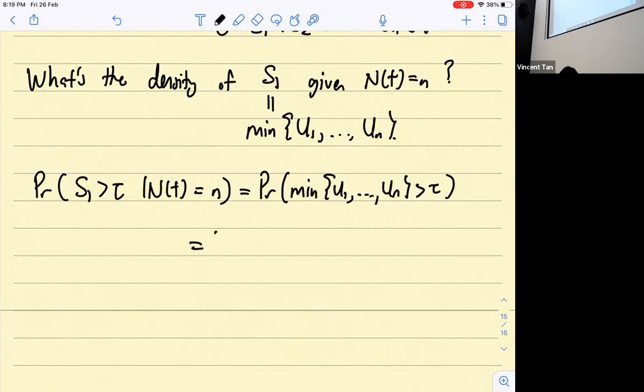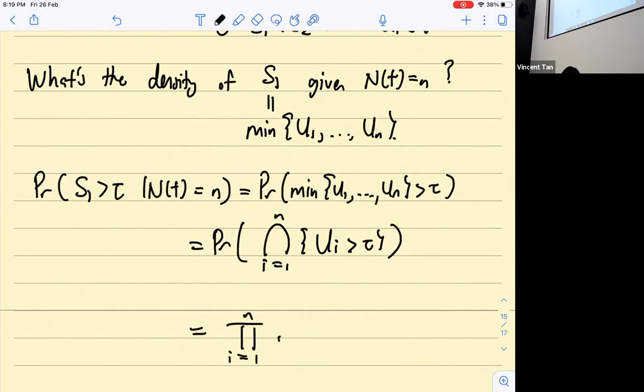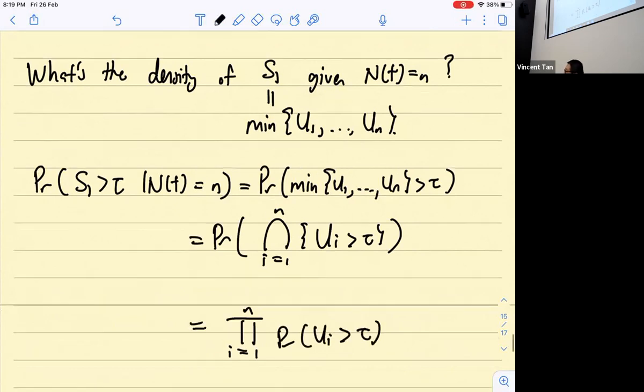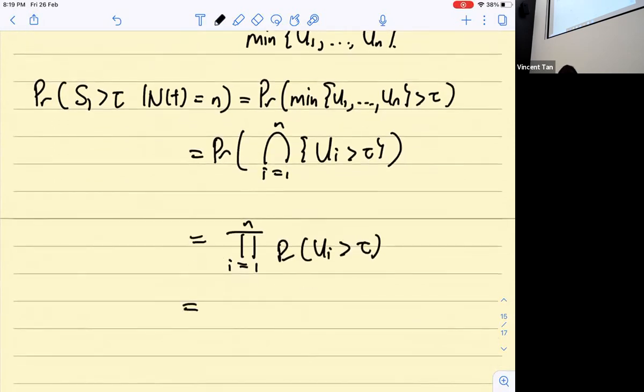So this is equal to the probability of the intersection of U_i bigger than tau. You agree? It's just logic. But everybody here is very beautiful and nice and independent, so we can just do this.